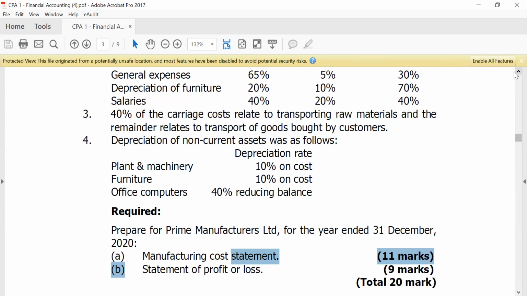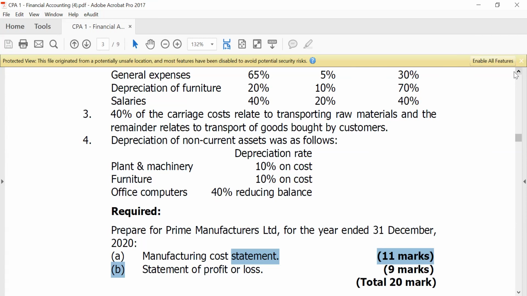Now, for manufacturing accounts, our purchases are not sold as they are. We don't basically purchase goods and resell them. We purchase raw materials and manufacture them. So the whole cost of transforming the raw materials into finished goods is what would replace the purchases.